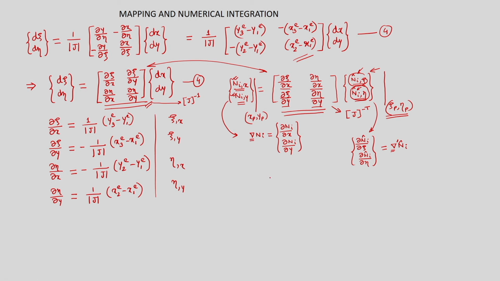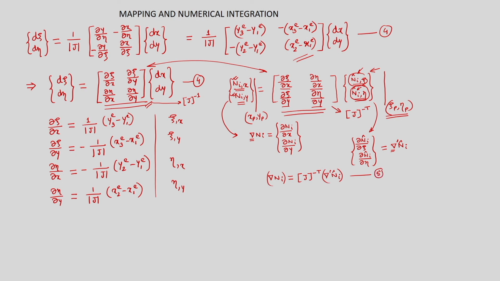Alright. So, now we write the gradient of Ni is equal to the Jacobian inverse transpose times the gradient of N̂i. So, this is what we got.